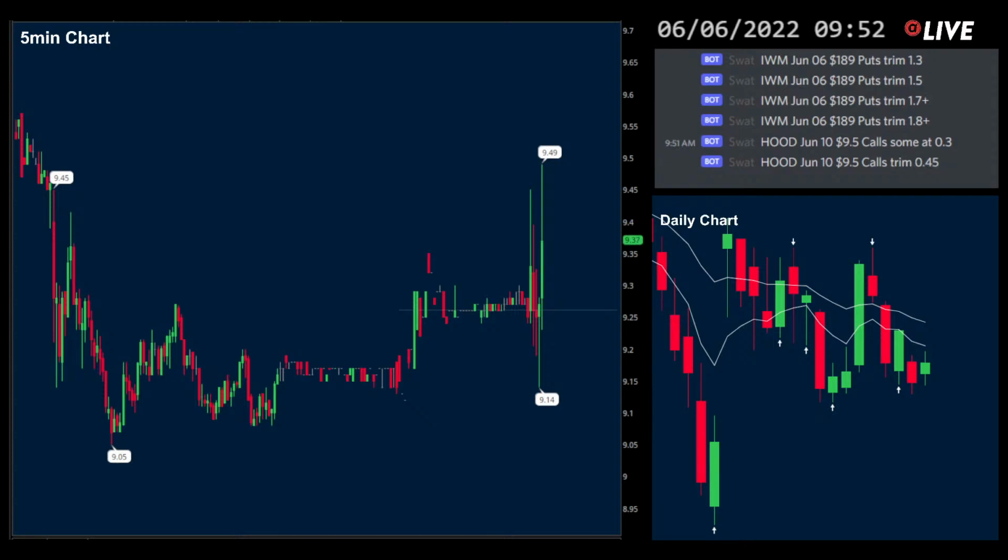I trim some on Robin Hood. Nice quick moves. Market slow now.